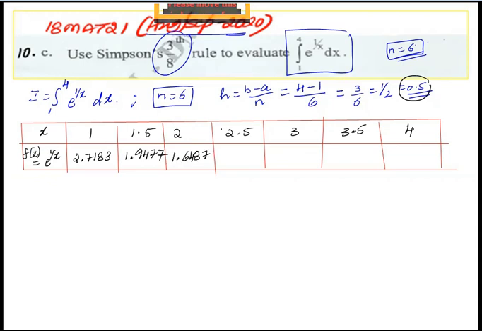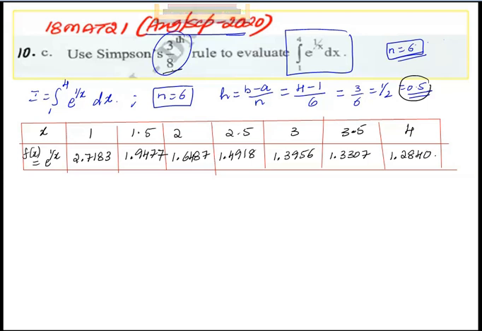Store answer as 2.5. Again, e to the power 1 by answer gives you 1.4918. Store 3 as answer, then e to the power 1 by answer is 1.3956. For 3.5, the value of e to the power 1 by x is 1.3307. And for x is equal to 4, the value of e power 1 by x is 1.2840.